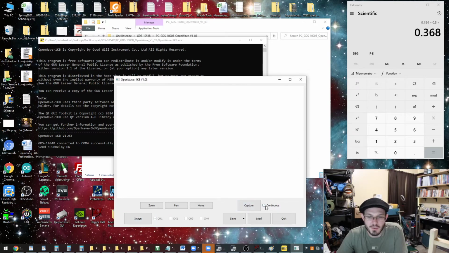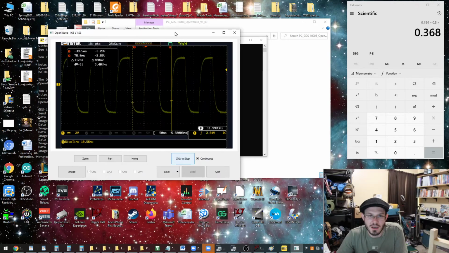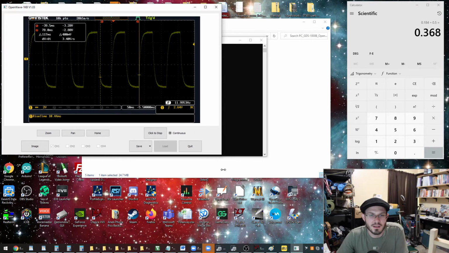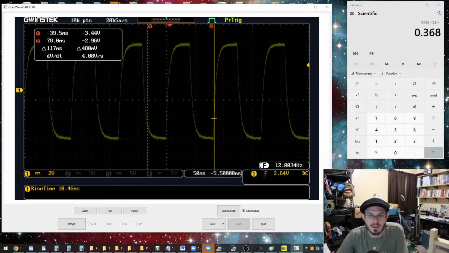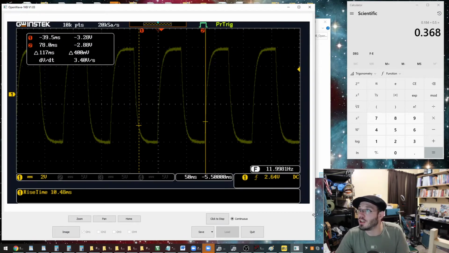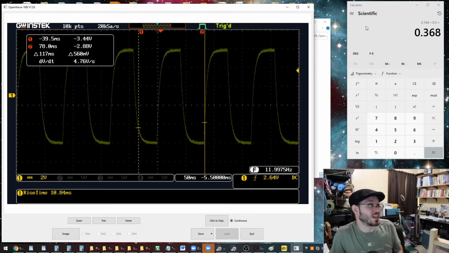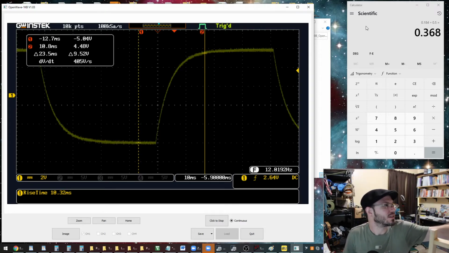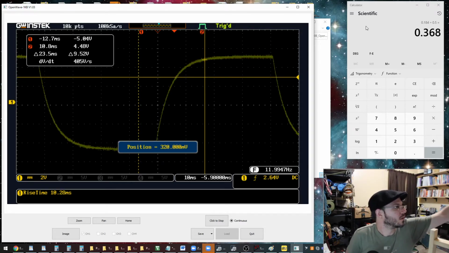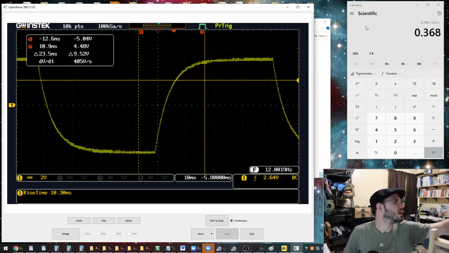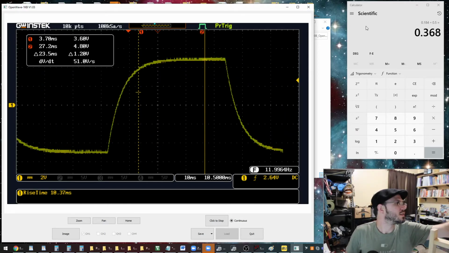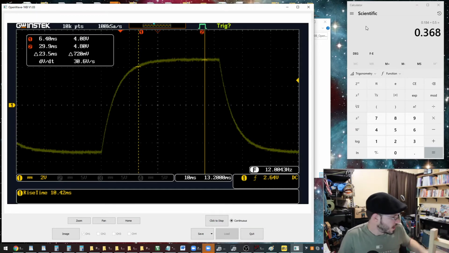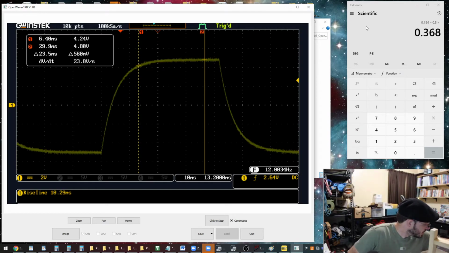And change this to image continuous capture. There we go. Okay, that sure looks like a cap charging and discharging. I'm going to zoom in along the horizontal axis, and let me center that and move this position over. Okay. Now, I'll show you what my example is.